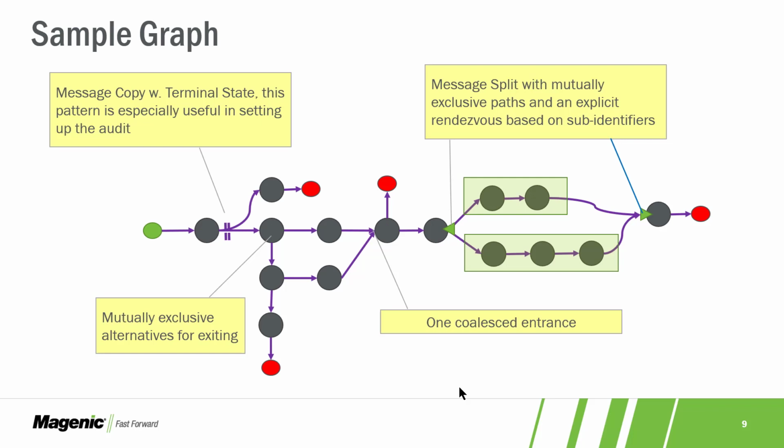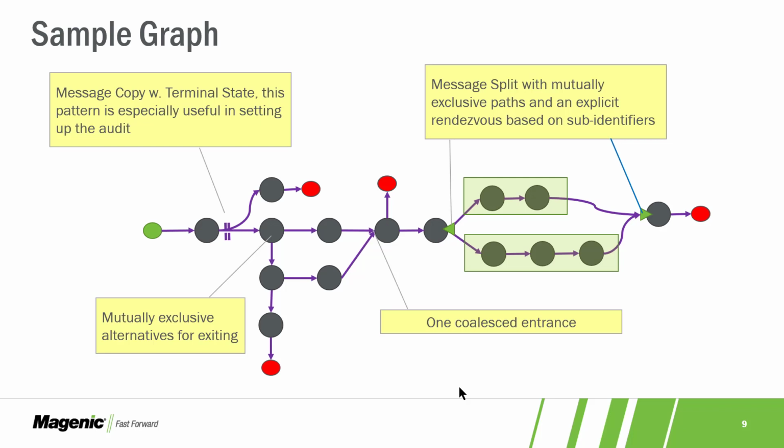And it is possible to do parallel processing. There are two examples in this graph. One is that we're making a copy of the message state, for example, for auditing. And the other is that we have parallel processing based on the mutual exclusive notion that we either go to the top pipeline or the bottom pipeline, but we're never unsure about which. And then we rejoin a workflow by coalescing the output.